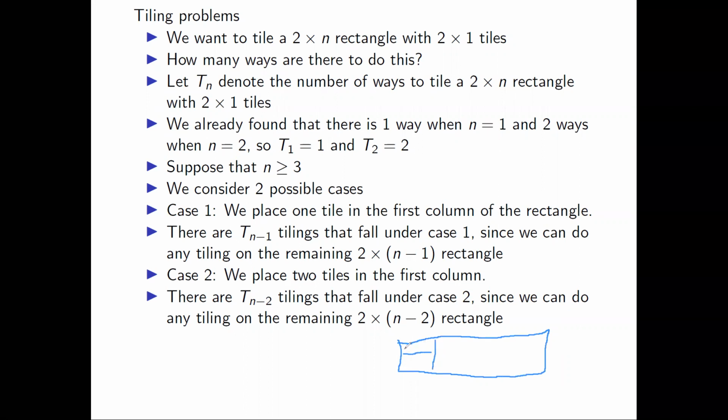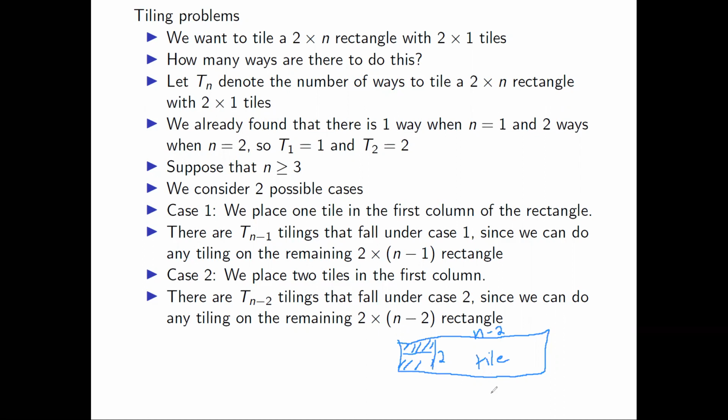Well, when we take out the 2 horizontal tiles on the left, so when we dismiss these, when we forget about them, we're left with a 2 by n minus 2 rectangle. Any valid tiling of this will work to give us a tiling of the 2 by n rectangle.